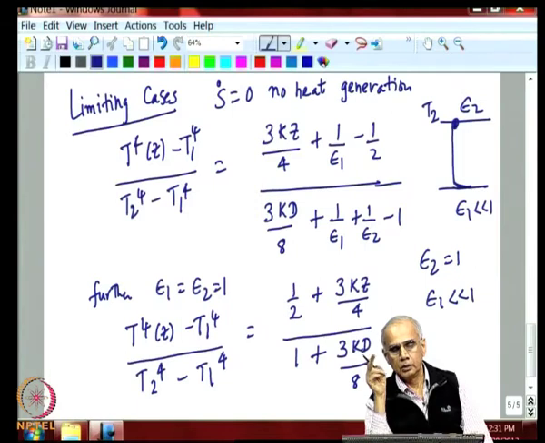So, you find this interesting situation that is prevailing here, where in the absence of heat generation and when the top wall is black and the bottom wall is highly reflective, the temperature of the gas will approach the top temperature and will essentially be completely decoupled from the bottom condition.